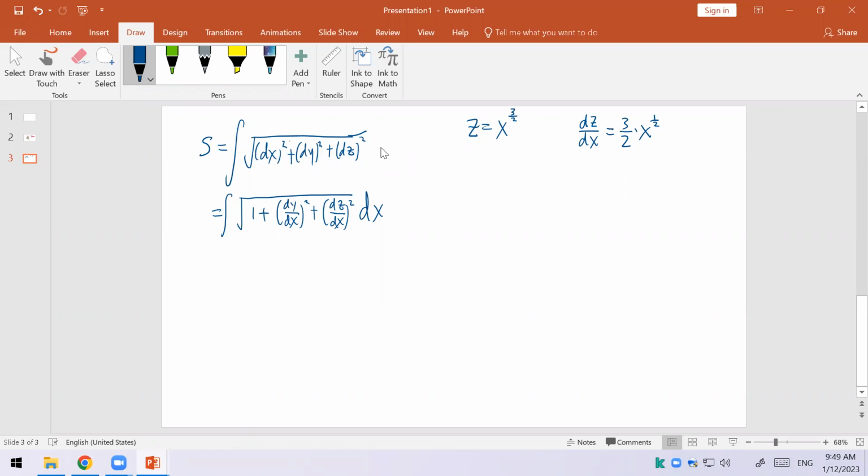Then I substitute this result into the integral. So I just write the integral of the square root of 1 plus y prime squared, where I call dy/dx to be y prime, plus the square of this dz/dx, which is 9 divided by 4 times x, dx.